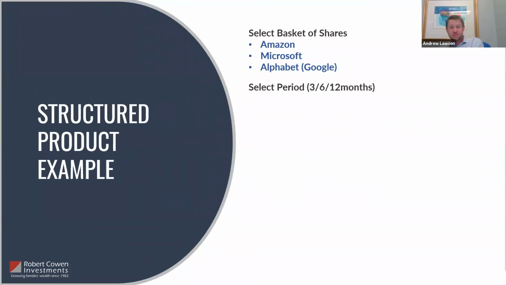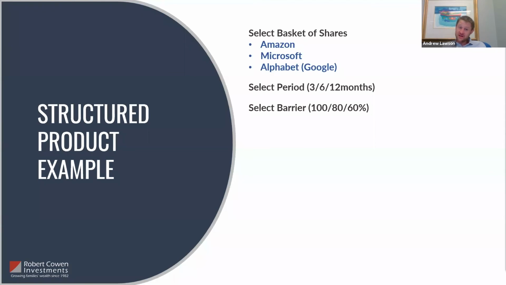Once you've selected a period, you would select a barrier. To explain a barrier, if a share was worth 100 today, the barrier essentially determines, from 100 down, what the triggering barrier would be. So if the share was 100 today and we said we wanted a 60% barrier, you would be effectively talking about a share price of 60, not 100.